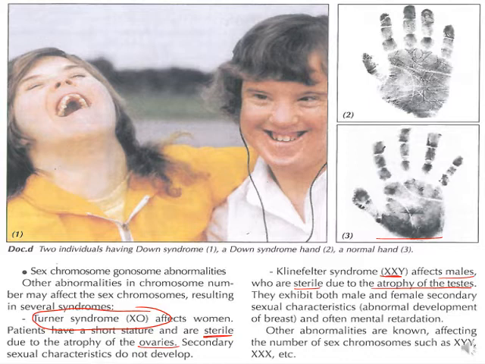So this mental retardation is going to affect those who have Klinefelter. Other abnormalities affect the sex chromosomes, like XYY and XXX and others. But here are the main abnormalities: Klinefelter and Turner syndrome.